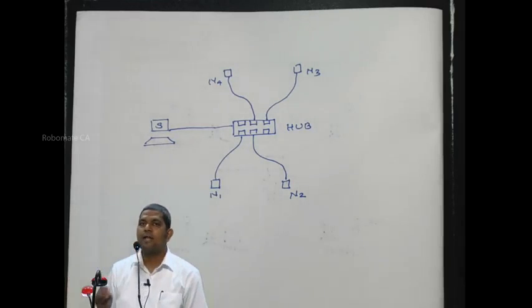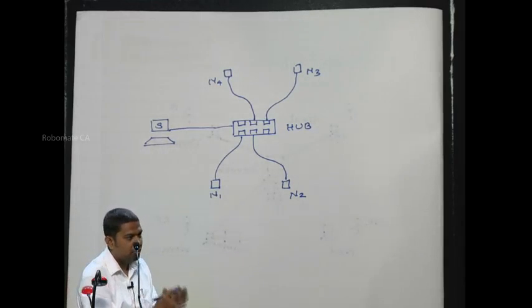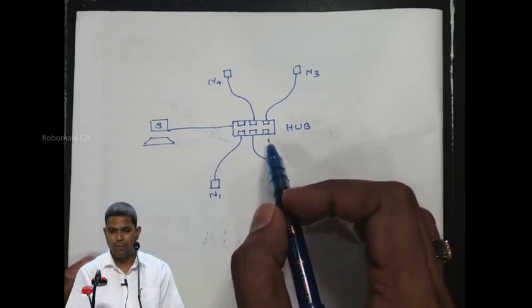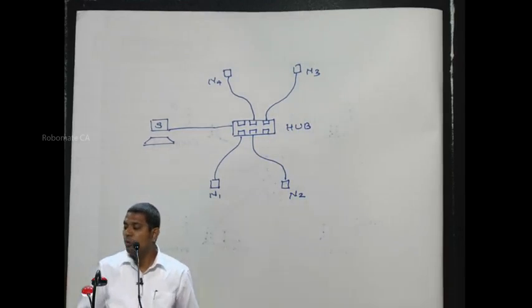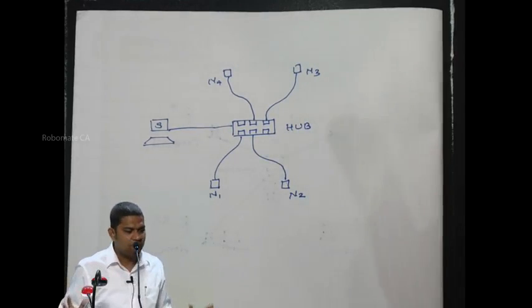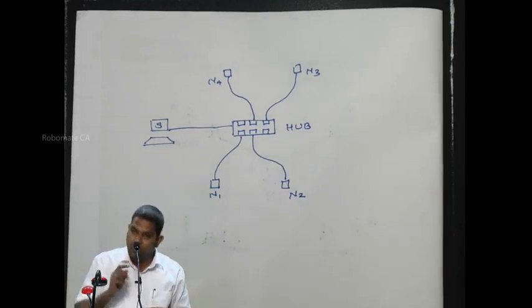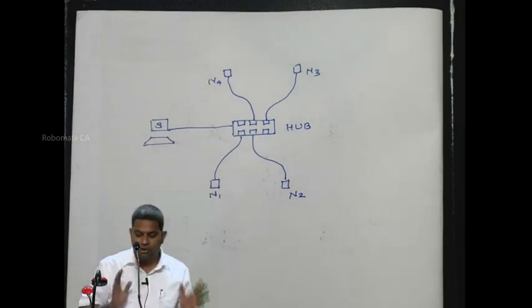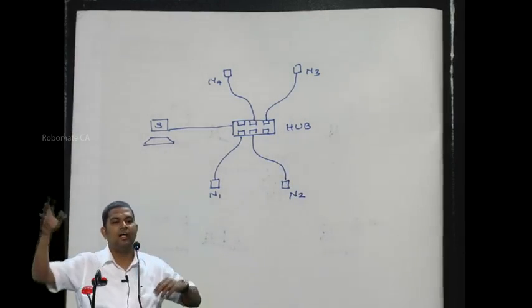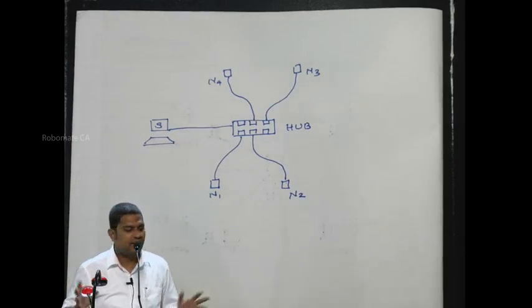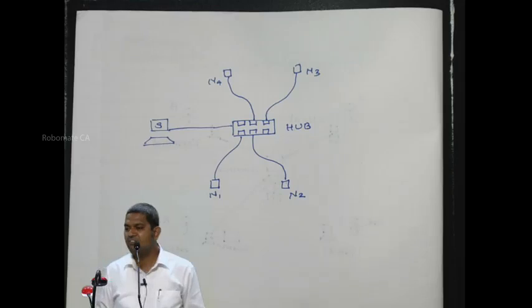So now I am bringing before you a new device called a hub. Hub is that particular device which will help you connect n number of nodes to the server. Now I am saying to the server, but the server is also ultimately connected to this hub, and this hub will be doing all the network management, data control, data traffic, everything.